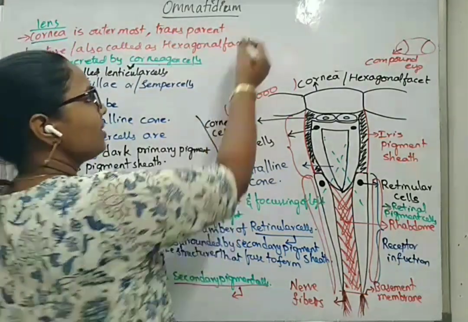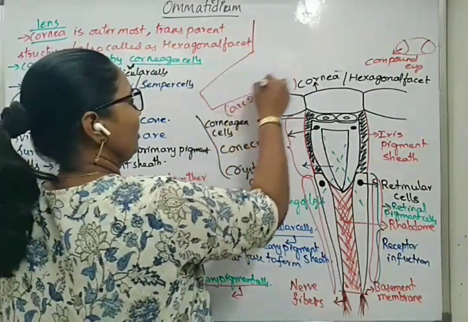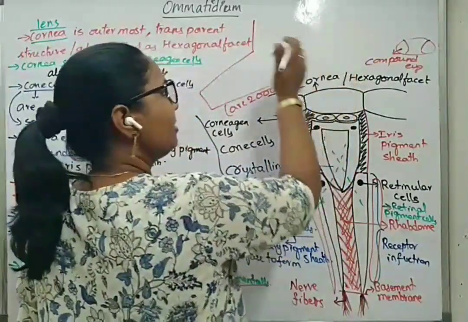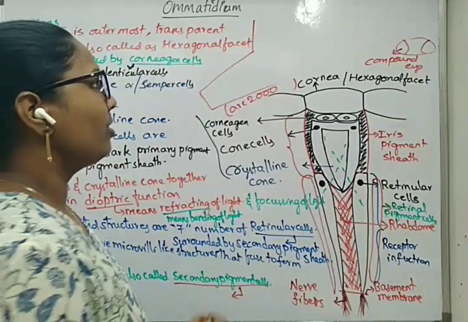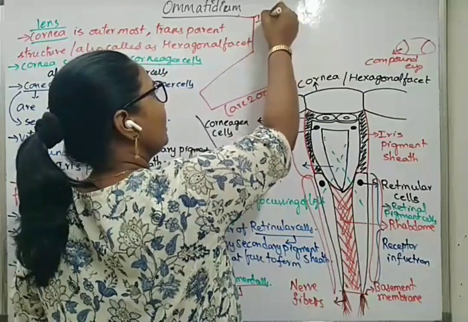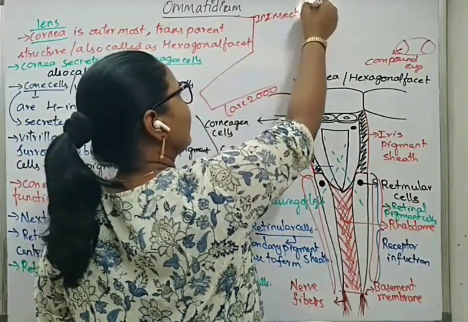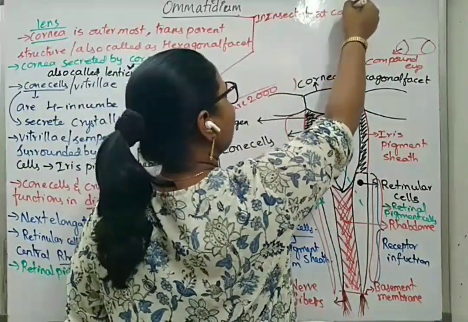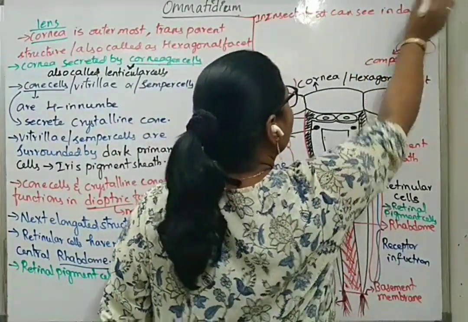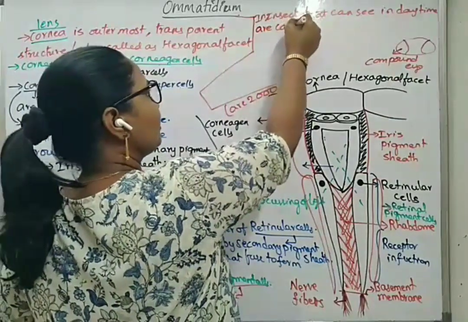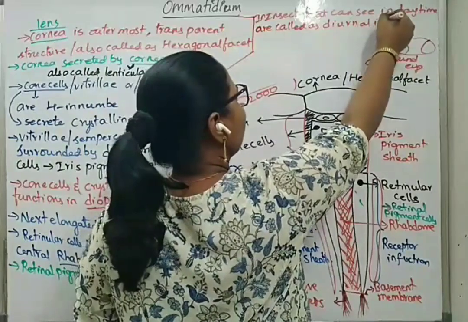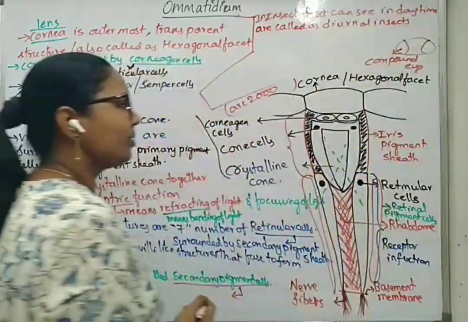We will see how. See, cockroach belongs to insects. Insects that see during the daytime are called diurnal insects, and diurnal vision will be there.